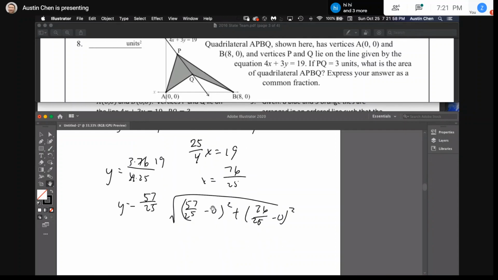So let me just find that. Oh, we want it as a common fraction. Okay. So if you do it on the TI, you can get it in fraction form.